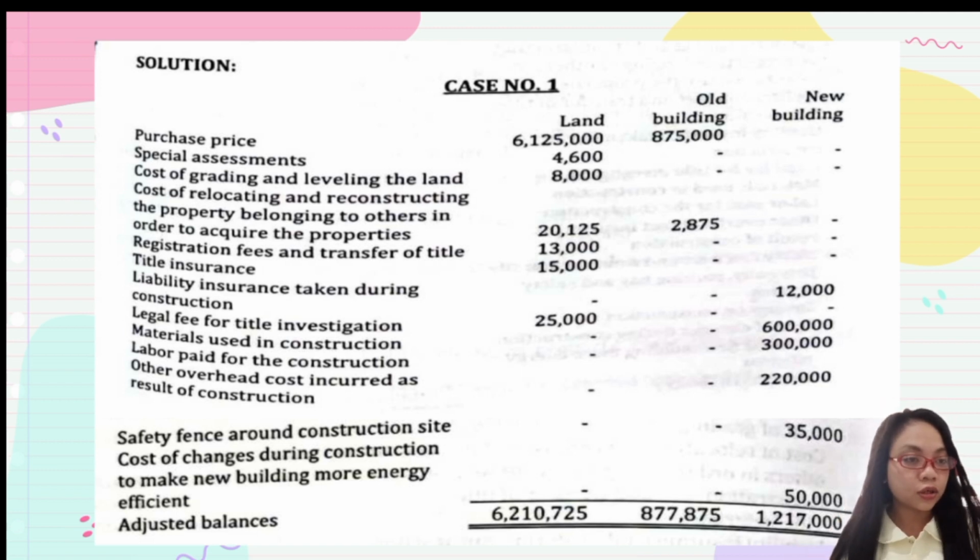Material used in construction are part of the construction process of the new building, so it is capitalized as part of the cost of the construction of new building. The amount is 600,000, and in the same way, labor paid for the construction na nag-amount of 300,000, and other overhead cost incurred as a result of construction 220,000, safety fence around construction site 35,000, cost of changes during construction to make new building more energy efficient 50,000, and it will also add ka ng future economic benefit sa building.